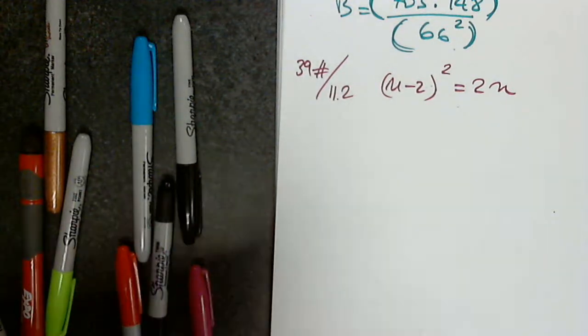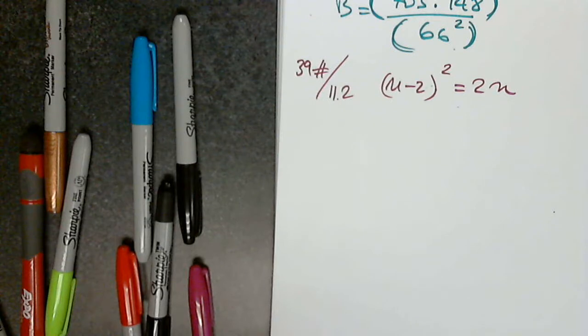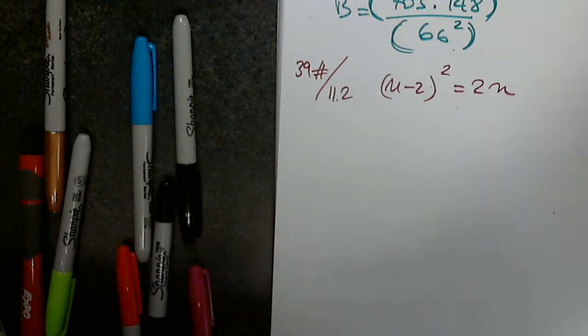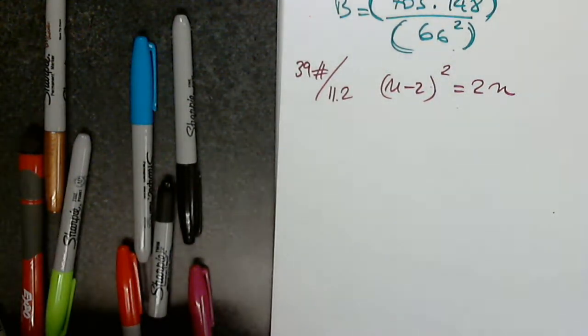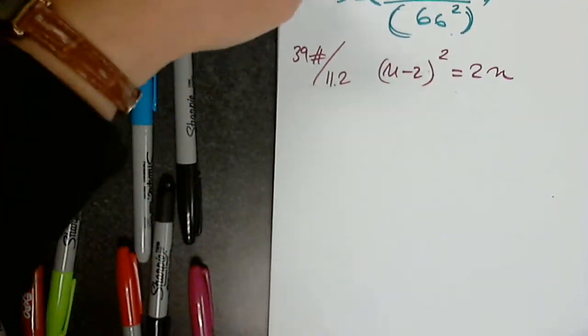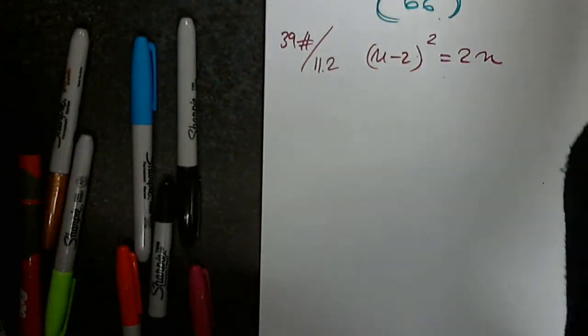Good. So we're asked to solve this equation using the quadratic formula. So what do I do? How do I start? Yes, I have to square n minus 2. What do I get when I square n minus 2?